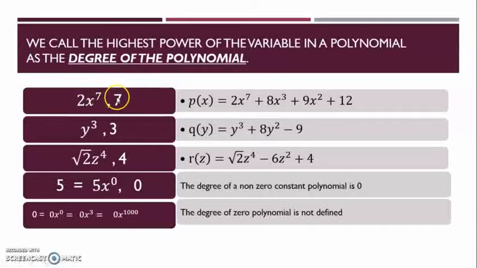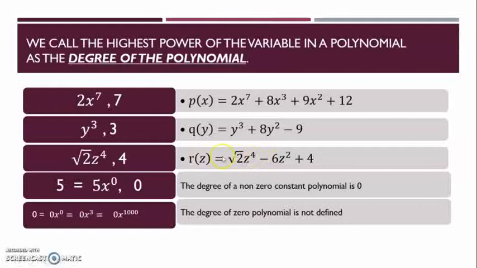The power of the variable x in the first term is 7. So this is a polynomial of degree 7. The highest power of the variable in a polynomial is called the degree of the polynomial. Here the highest power is in the first term, that is 3. So this is a polynomial of degree 3.